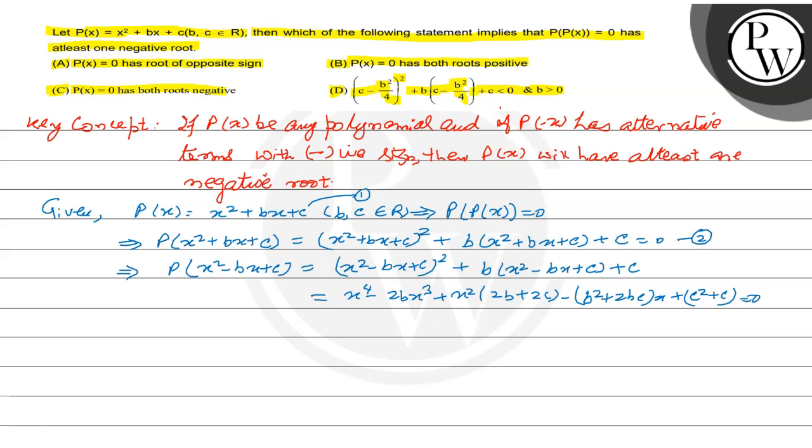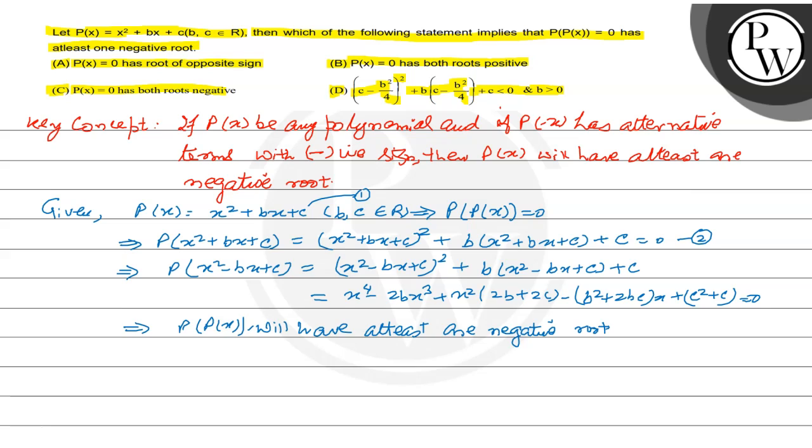So we can say that P(P(x)) will have at least one negative root.